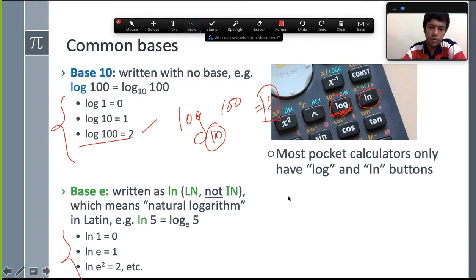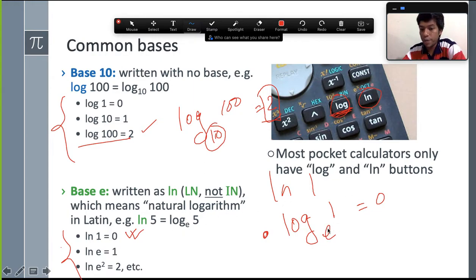Then we have a few more here. We have ln 1. This is a little bit crazy. Ln 1 means log base e of 1. So how does it come to 0? This is important. Look at this carefully, because this kind of thing will come again and again. Why is it 0?